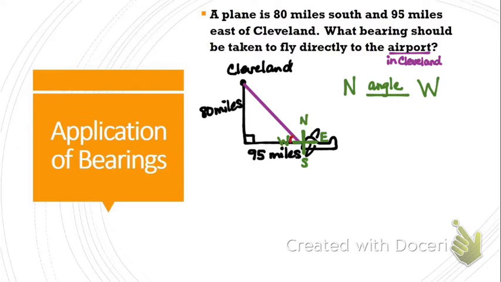So like here? Why not? Because it's the bearing, so it's in relation to the north-south line. Yep. We want this angle right here. That is the bearing that the pilot will take. So I'm going to call that alpha.